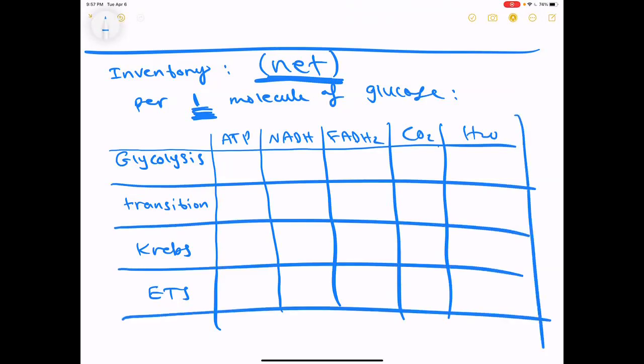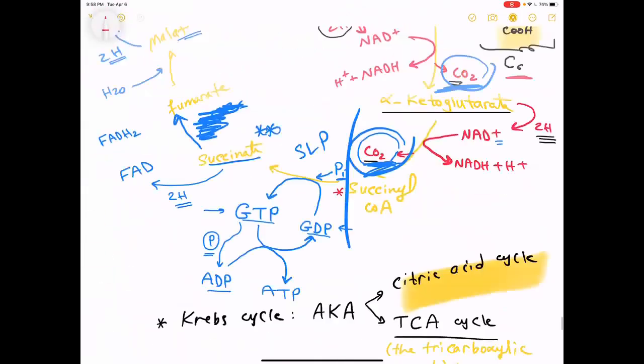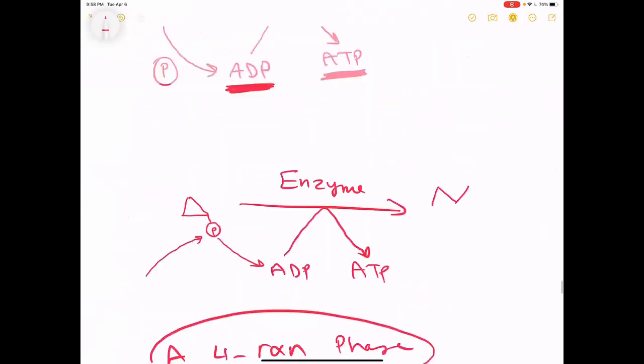All right, in glycolysis the net was 2 adenosine triphosphate. We invested 2, we released 4, so net is 2. NADH, go back to glycolysis, 2 of them. FADH2, I did not bring that up in glycolysis. CO2, I don't think so. H2O, we ended up releasing 2 of them, and I'm going to take you to glycolysis from yesterday's video even.